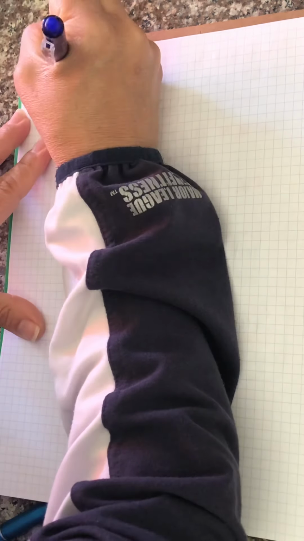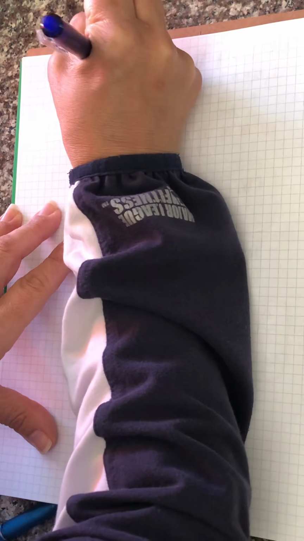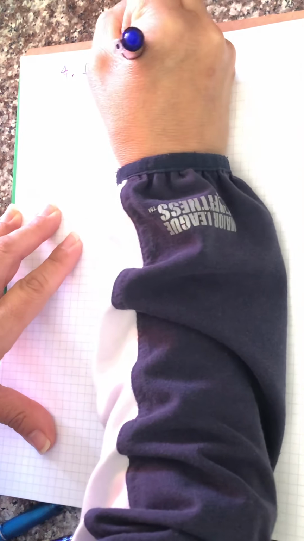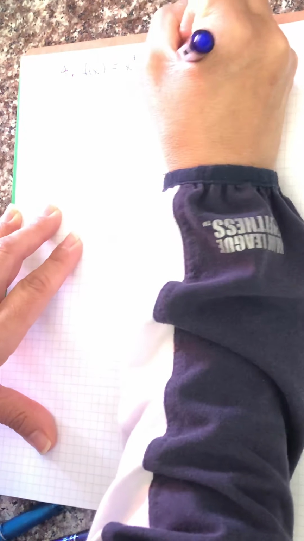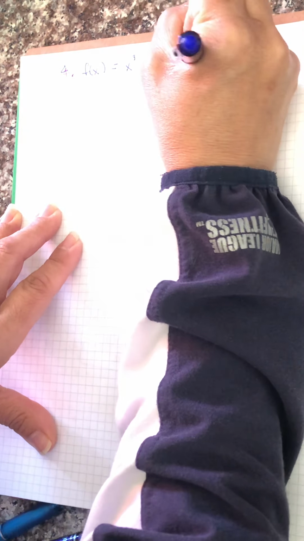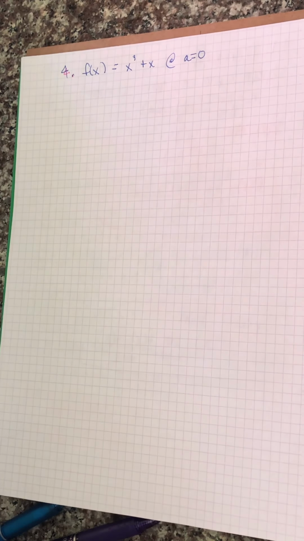Okay, so you are given that f of x is equal to x cubed plus x. And I want to do that at a is 0. Okay, so we want to find the derivative at the given value.